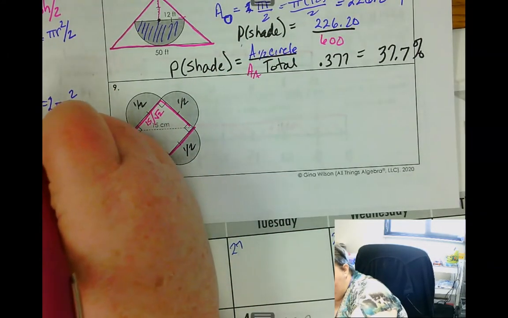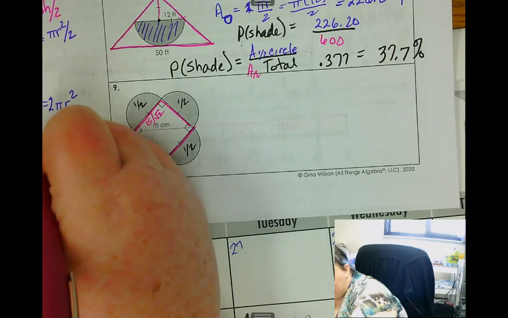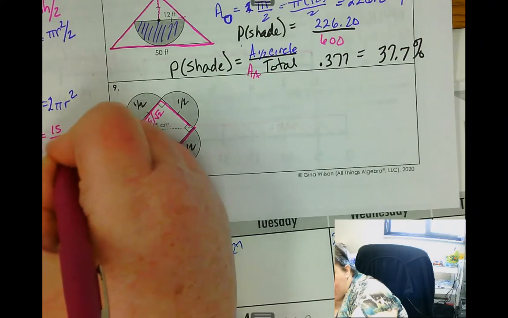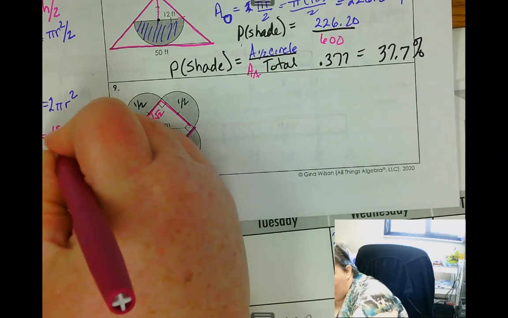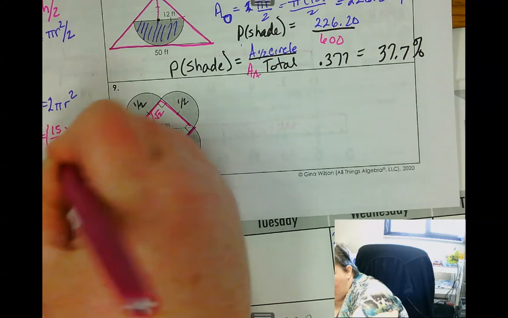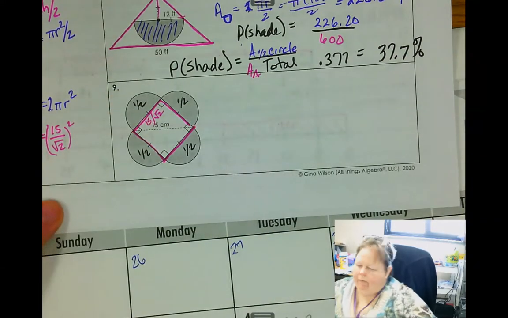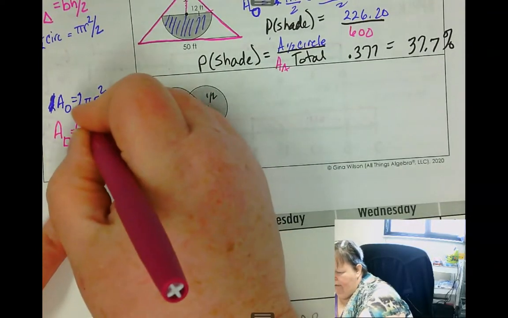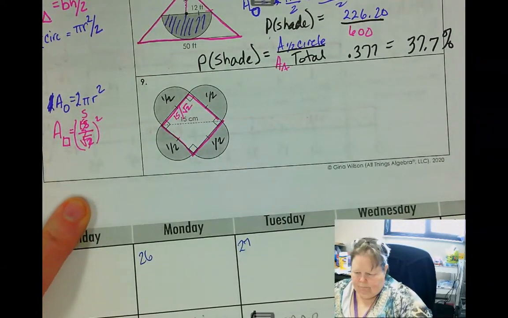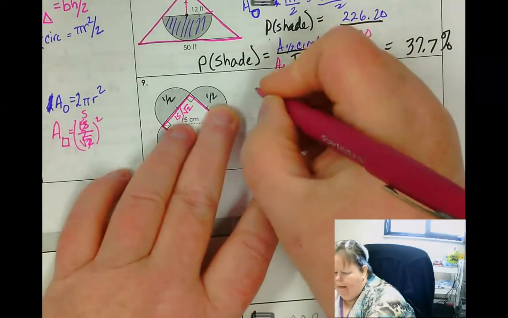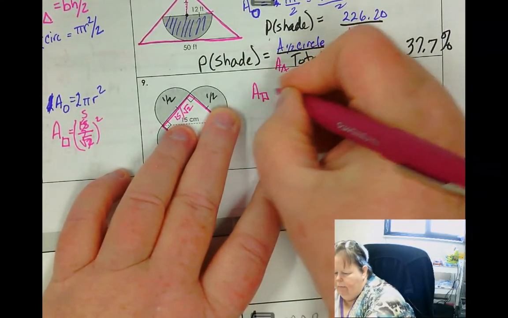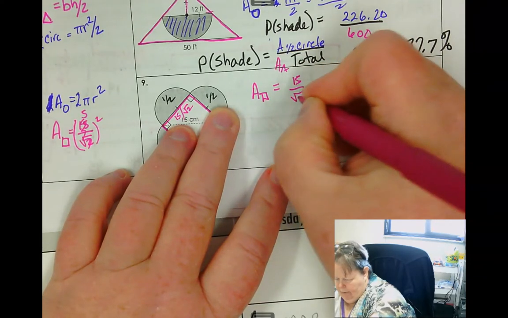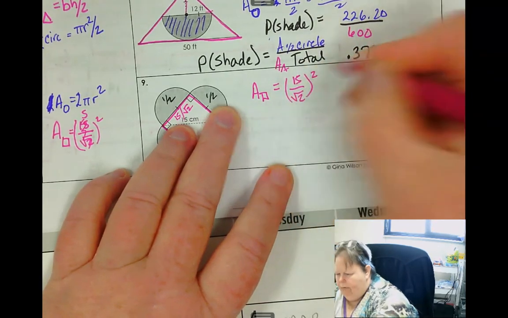So the area of the square is equal to 15 times the square root of 2 squared, or something like that. I'm sorry, I wrote it wrong. Should be s squared, side squared. So let's do this over here. Area of the square equals 15 over the square root of 2 squared.